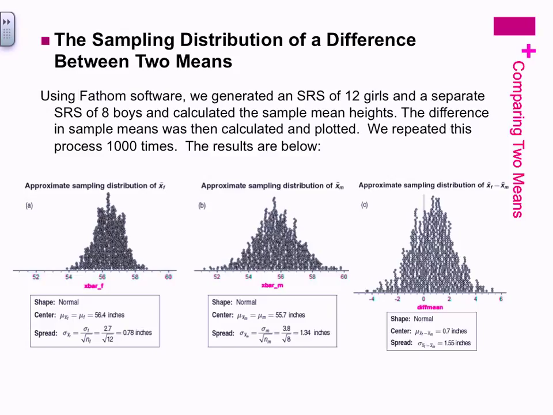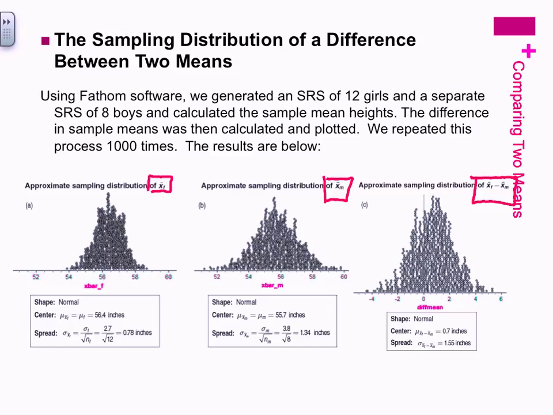If you take a look at these three, the first one is the distribution of one sample mean. The second one is the distribution of another sample mean. And the last one is the distribution of the difference between them.